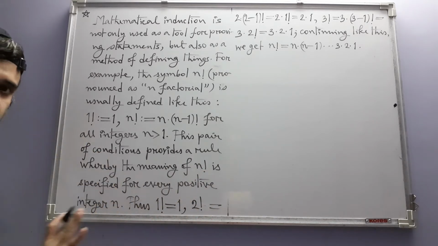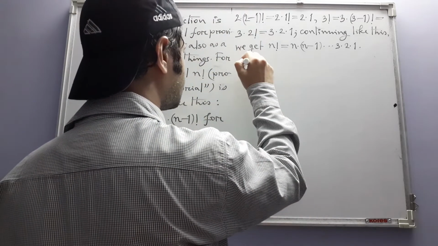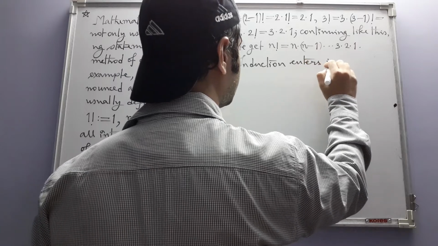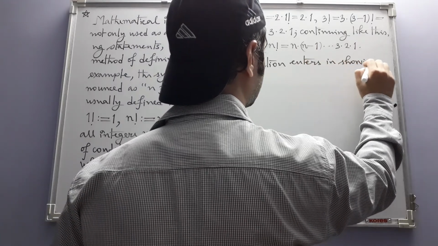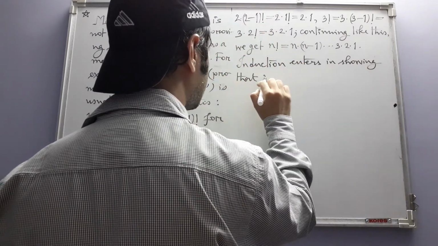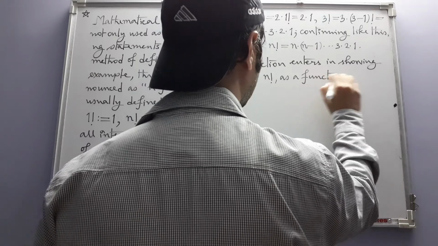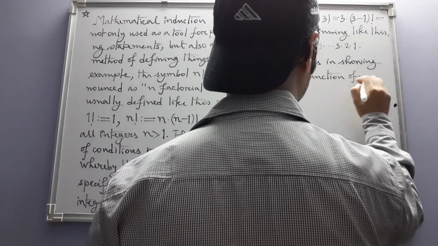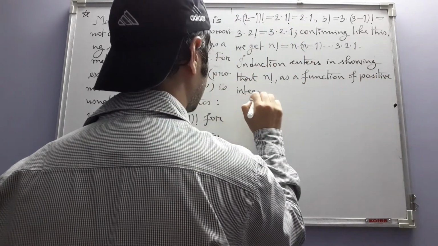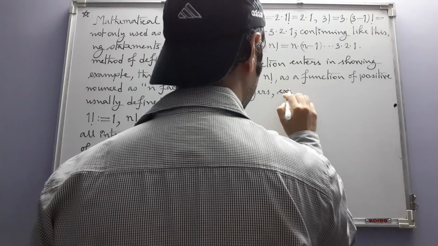So it's an issue that will be left untouched by the author here. That's why he says induction enters in showing that n factorial, as a function of positive integers, exists and is unique.